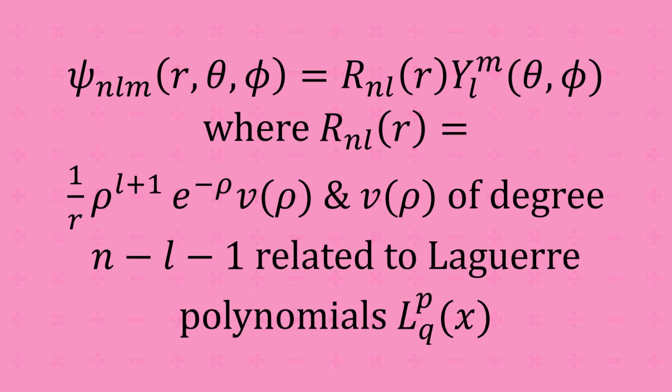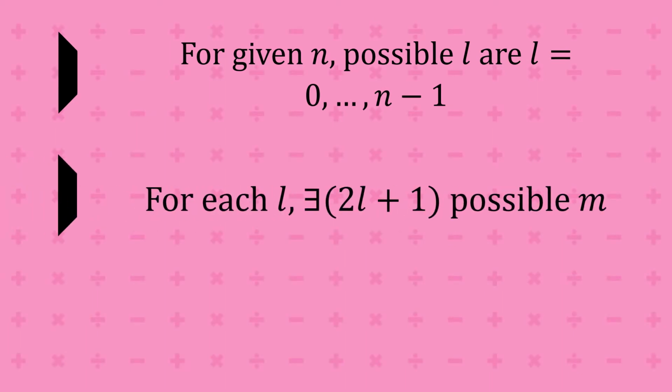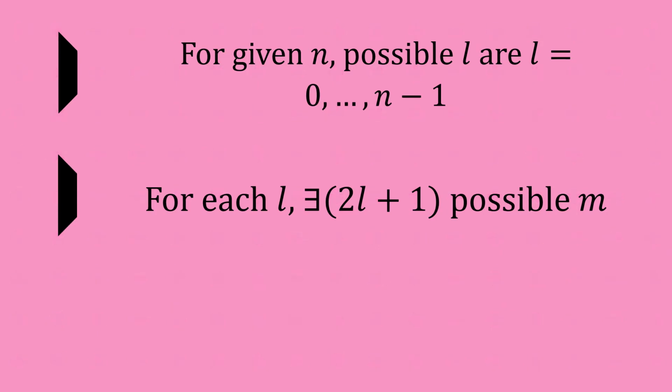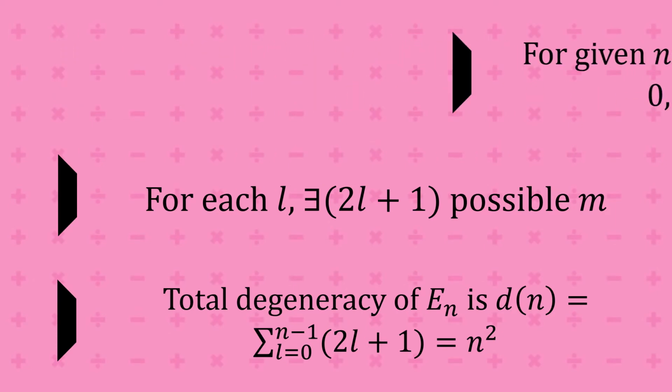Thus, the allowed energies are of this form here, and hence k is of this form here, which equals 1 over an, where a is the most likely distance between the nucleus and the electron. Hence, we have that ρ is equal to r over an. Overall, the spatial wave functions are given by this expression here, and v of ρ is a polynomial of degree n minus L minus 1 related to the Laguerre polynomials.